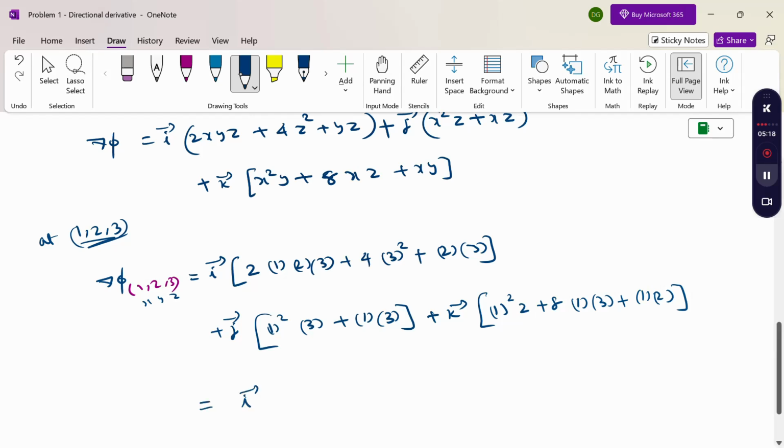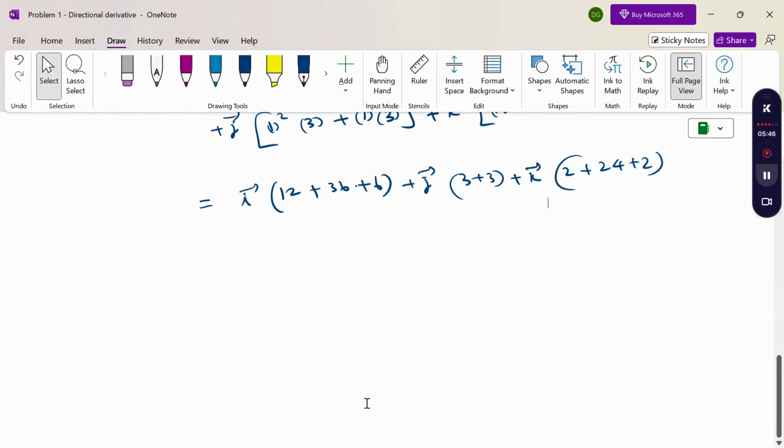Therefore, I vector: 2 into 2 is 4 and 12, plus 9 into 4, so 4 plus 3 squared 9 is 36, plus 6. Then plus j vector 3 plus 3, plus k vector 2 plus 24 plus 2.